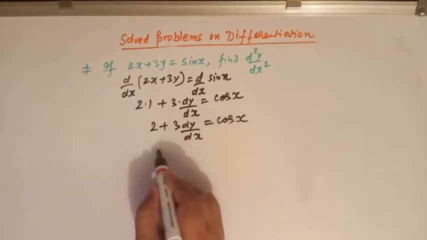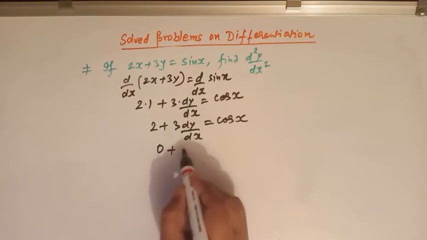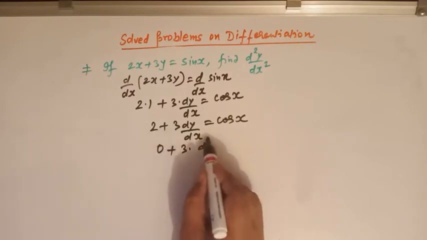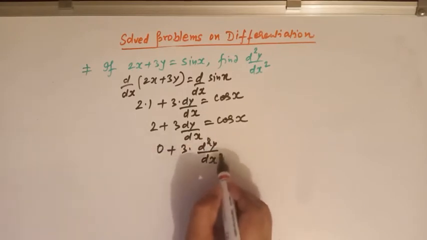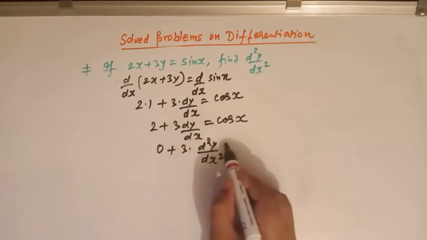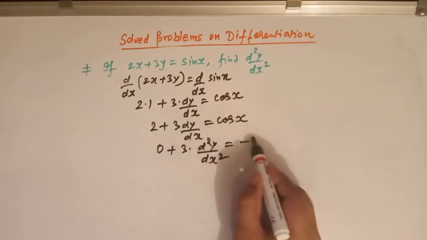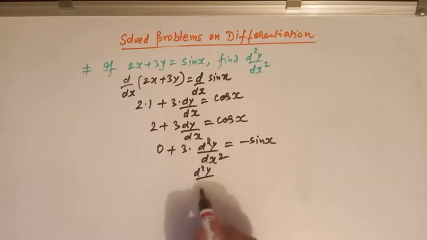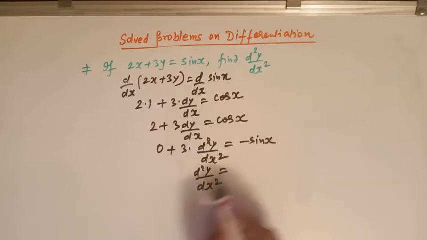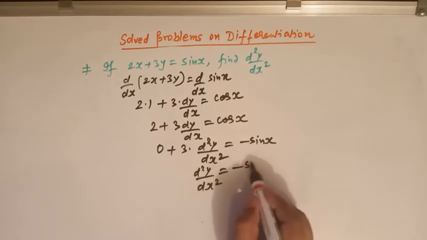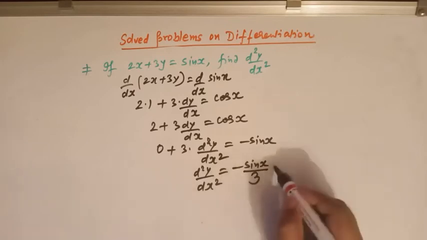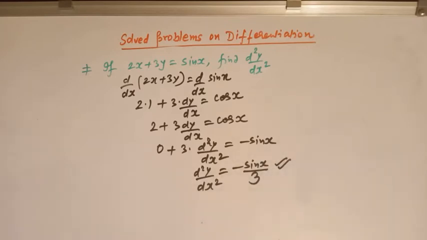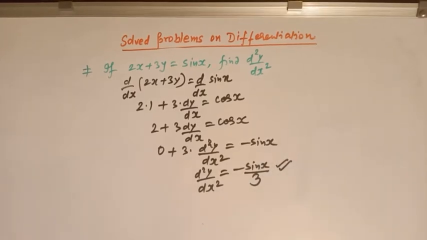So we'll get the derivative of 2 is 0, and this is 3 times the derivative of dy over dx, and the derivative of cos x is minus sin x. So here we have d square y over dx square is equal to minus sin x divided by 3. Clear? So this is the required derivative. Clear?